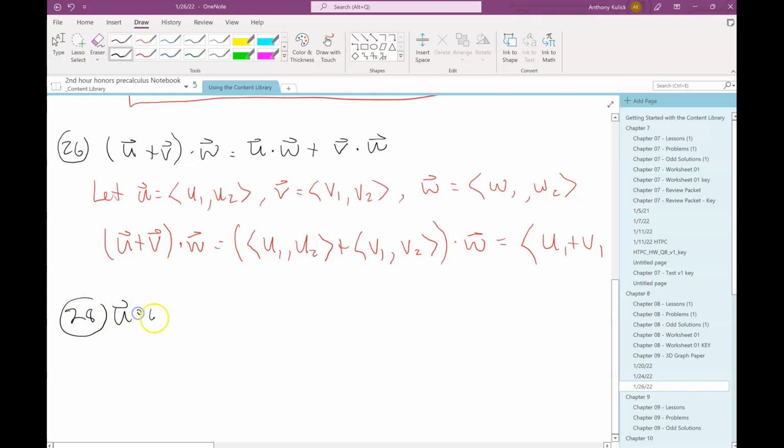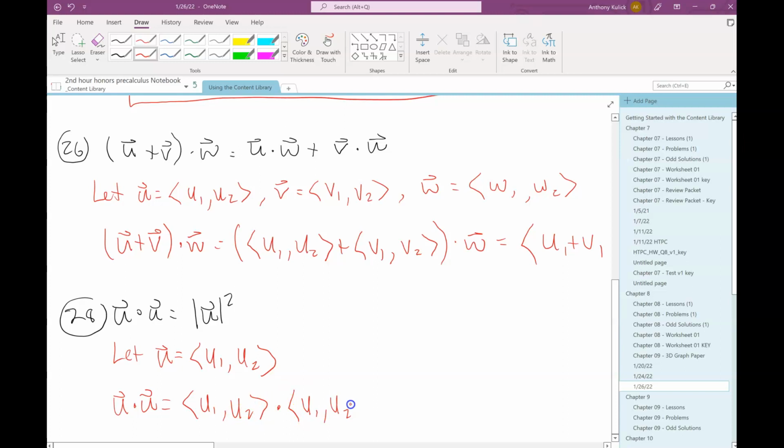So u dot u is equal to the magnitude of u squared. Again, same setup. I'm just going to start by defining u in component form. And we're just going to start on the left and keep going until we get the right.